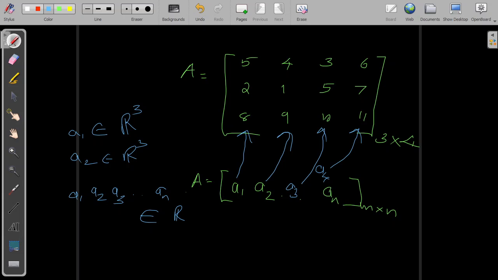So the number of entries in A1, A2, A3 will be the number of rows of matrix A. So A1, A2, A3 will belong to Rm.